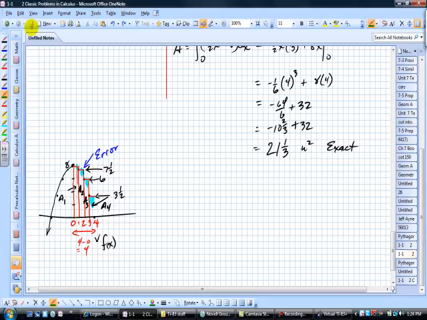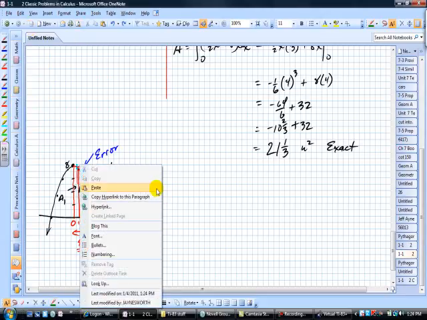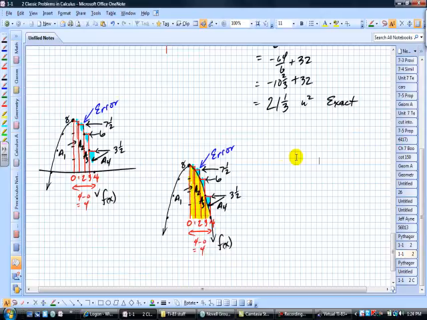Okay, and let me put in a line here, the x-axis, so I can see it better. There we go. So ignore this. If you come in from the right, you're not going to have a rectangle on the first interval.